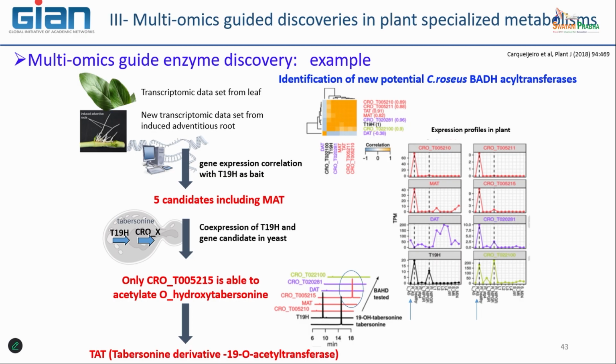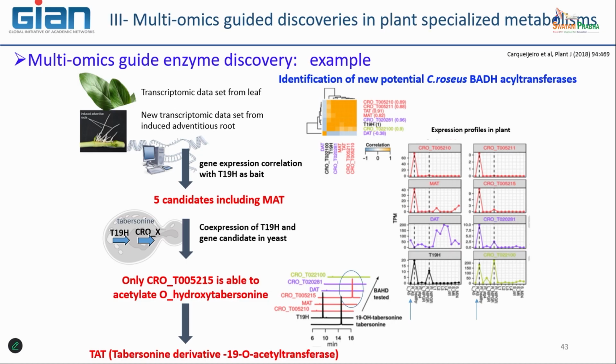Inside the genome of this yeast cell we add the candidate, but also the gene just before the candidate, and under this condition we test the ability of these transformed yeast cells to transform tabersonine into the product, for example lochnericine, or another metabolite that we are waiting for.